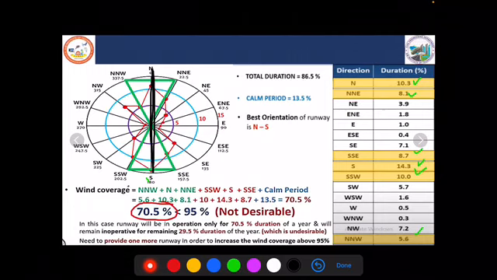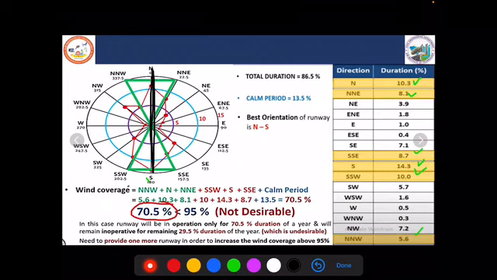In another way, yes, you can have a runway in the north-south direction, but an additional runway has to be provided, so that when it is not possible to use the runway in the north-south direction, the other runway can be utilized for the crosswind components. Clear?